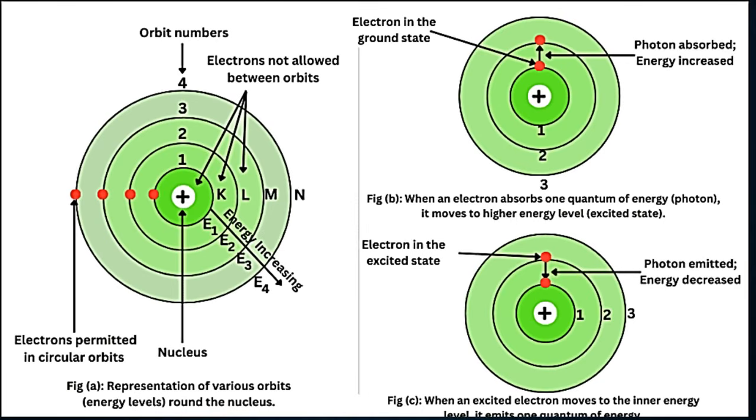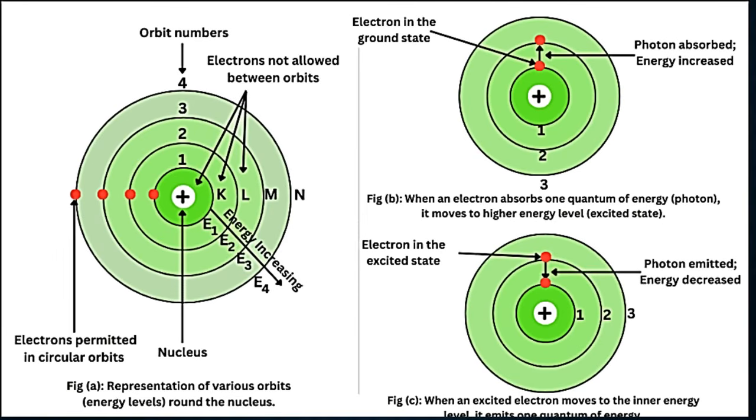After it goes to the excited state, it wants to come back because that is not its permanent place. That's not its lowest energy level. So at the excited state, it is going to come back to the initial state, that is the lowest energy level, the ground state.